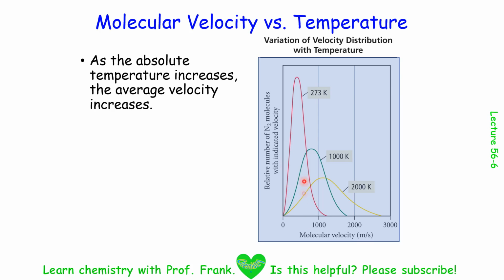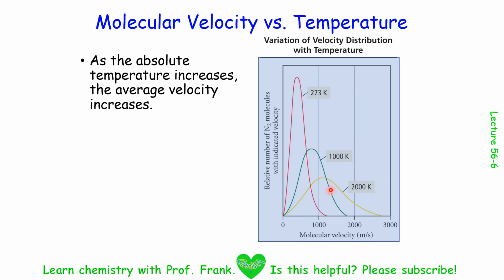Right here is the velocity. So it means right here, there's a maximum of nitrogen molecules traveling at this speed right here. You see, at lower temperature, 273 K, that's 0 degrees Celsius, the average speed should be somewhere here. So the average speed is somewhere here, all right?